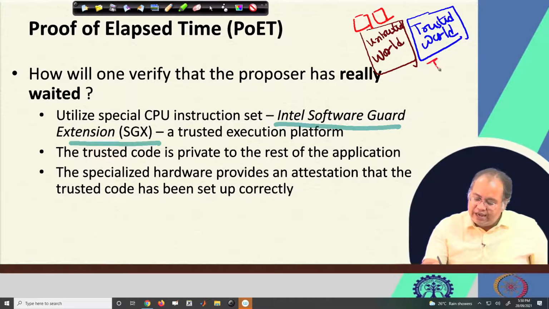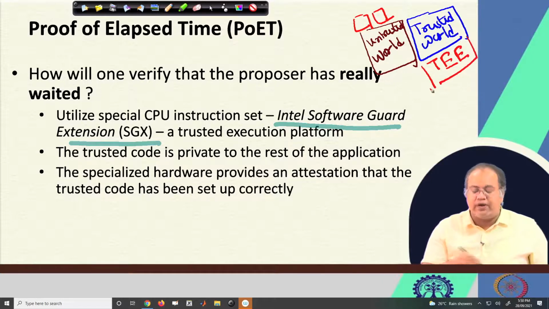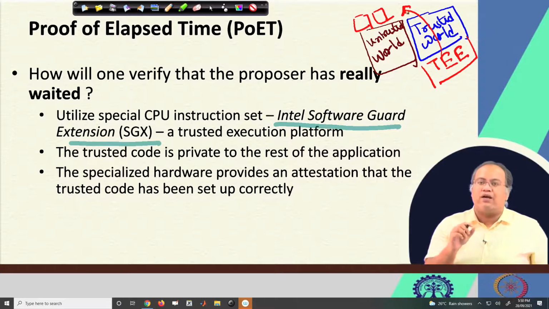You can take help of this execution environment, a hardware component called a trusted execution environment, which can provide an attestation that this particular content is verified. For example, if the hardware clock has ticked 100 times, you are attesting this. That can be done from the trusted execution environment. It is a hardware component, and it is not possible to tweak it.